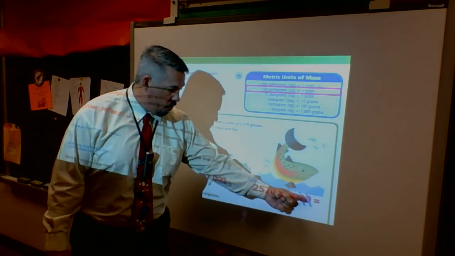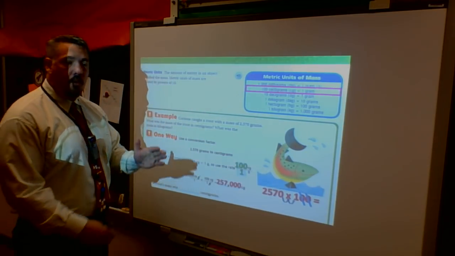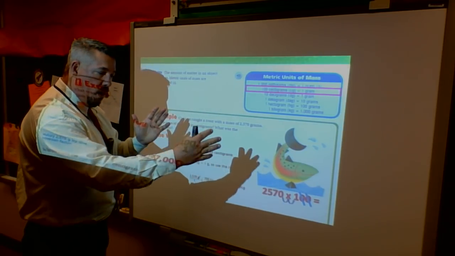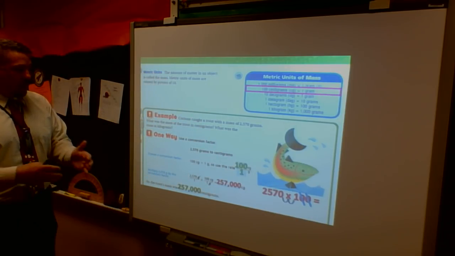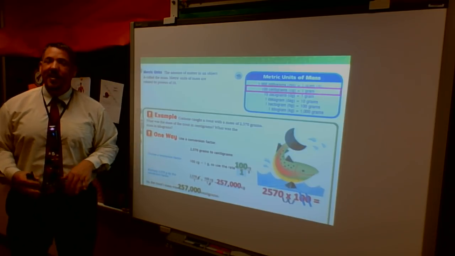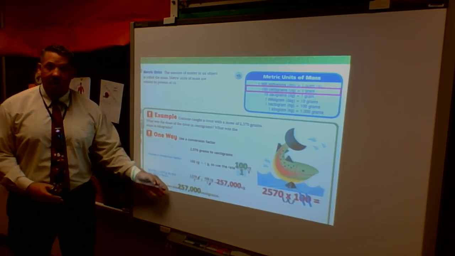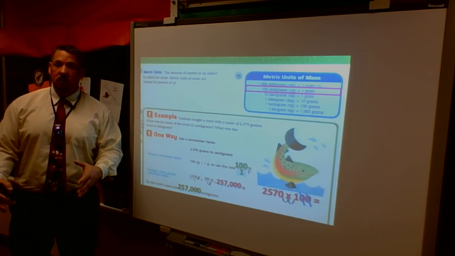There are 2 zeros when I multiply by 100. I put the decimal at the end of my whole number. Since I'm multiplying, I'm going to the right. I move it 2 times, add 2 zeros to the end. Either way, I'm going to find out that 2,570 grams is the same as 257,000 centigrams.